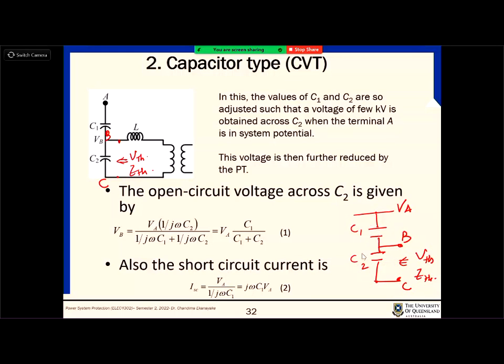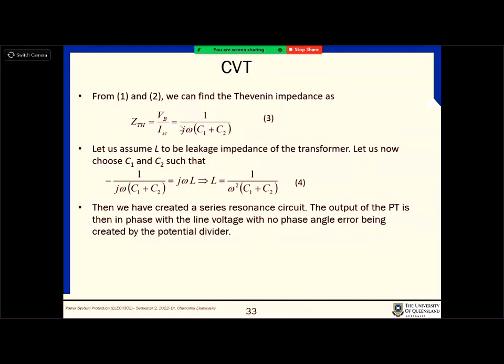Once you know 1 and 2, 1 divided by 2, VB divided by I short circuit, will give you the impedance. So that is the Thevenin equivalent impedance.